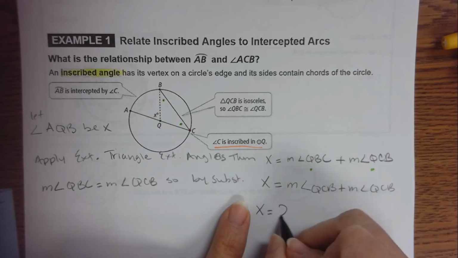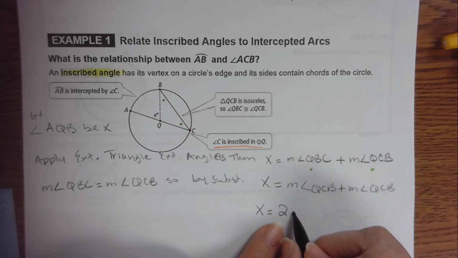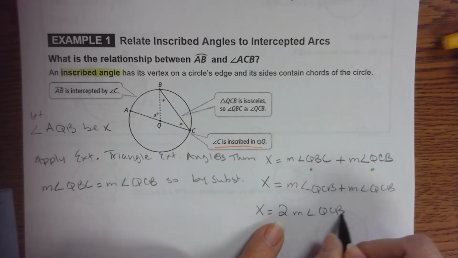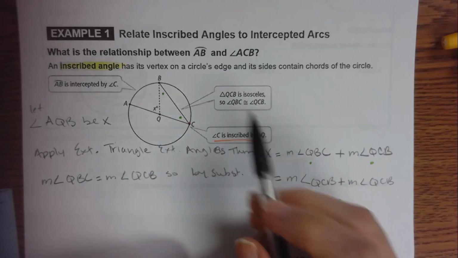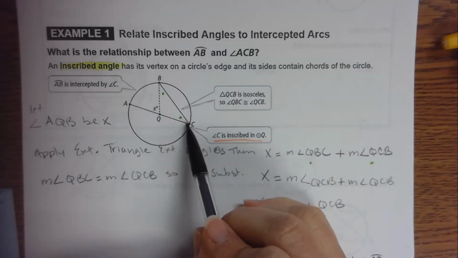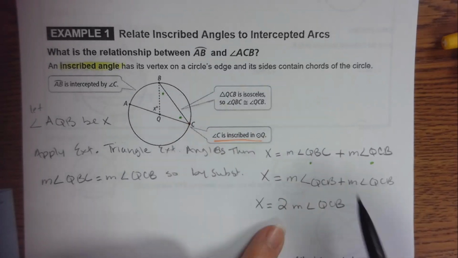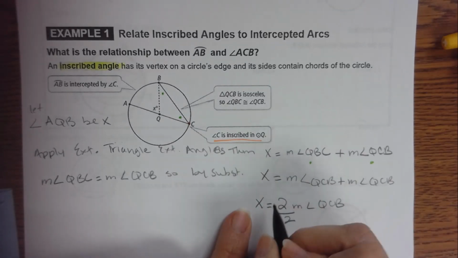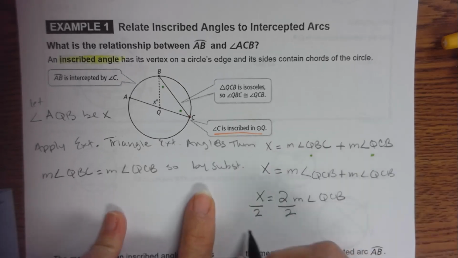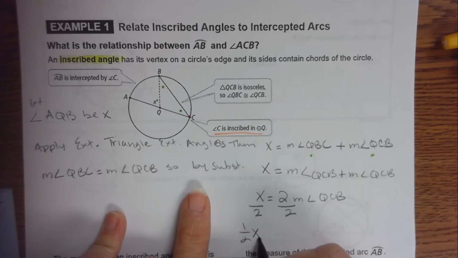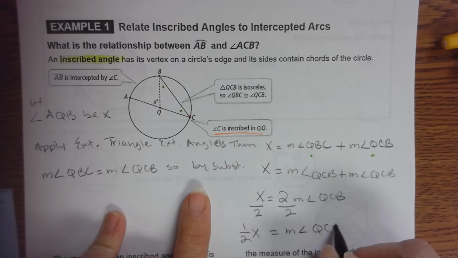X equals 2 times the measure of angle QCB. Then to get the measure of QCB, divide by 2. So we get half of X is equal to the measure of angle QCB.